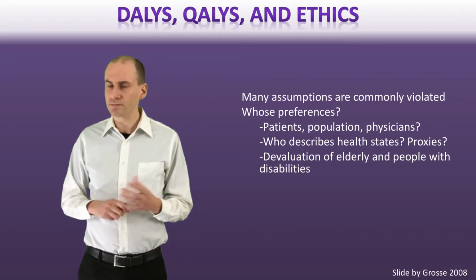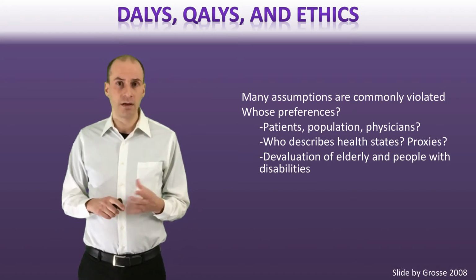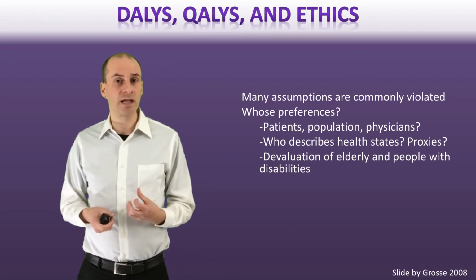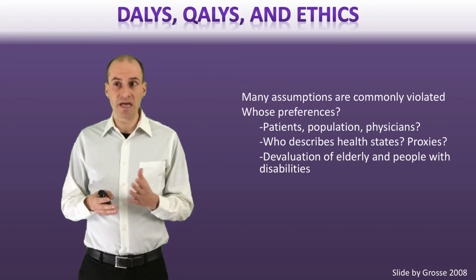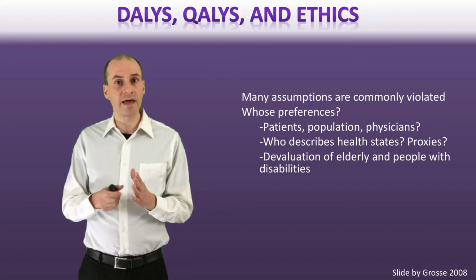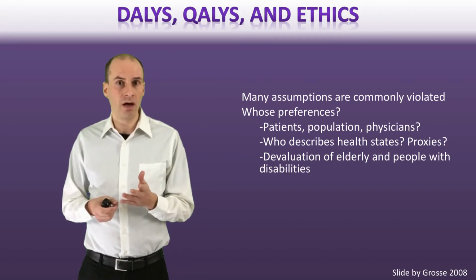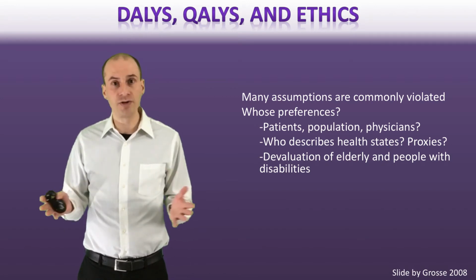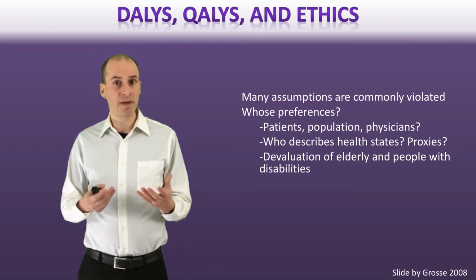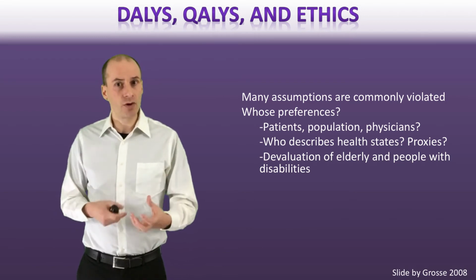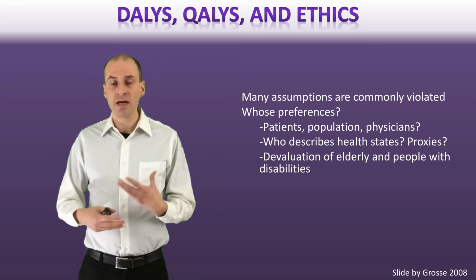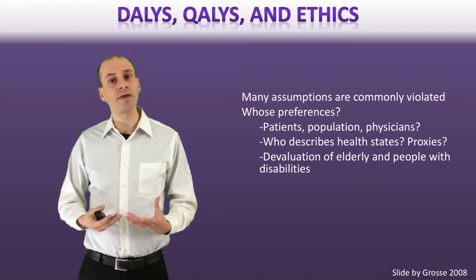For example, if you ask people from the general population what the experience of blindness is like, very often they rank it as being very low. So they can rank it at 0.3 to 0.5 on the overall utility scale. Whereas if you talk to people who are blind, very often they become blind, they go through a period of adjustment, but they go back to essentially living their lives and feeling quite healthy, right?